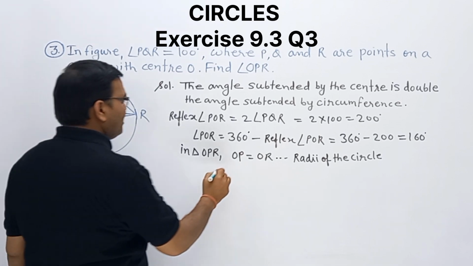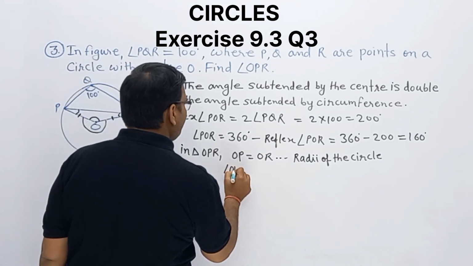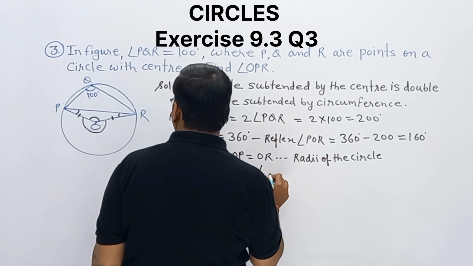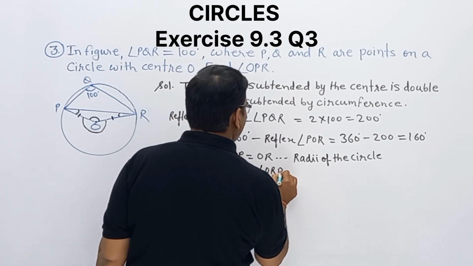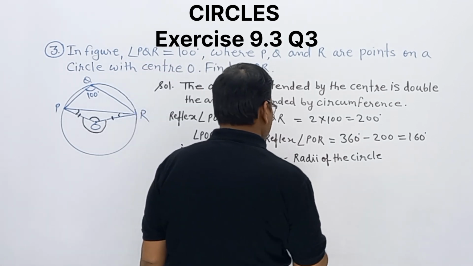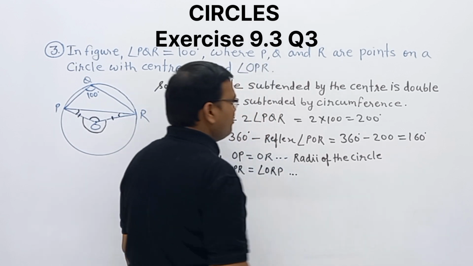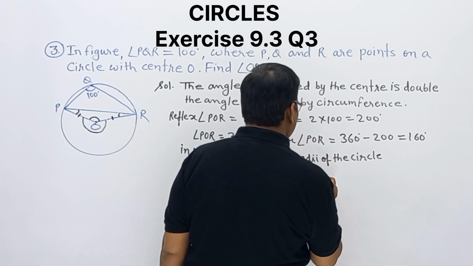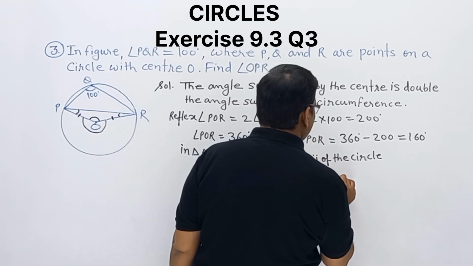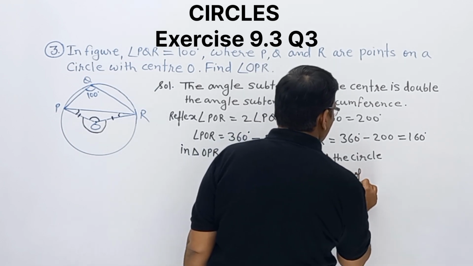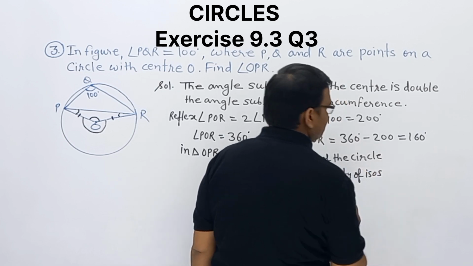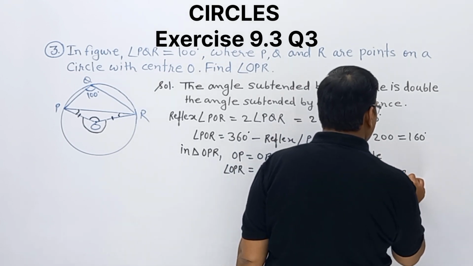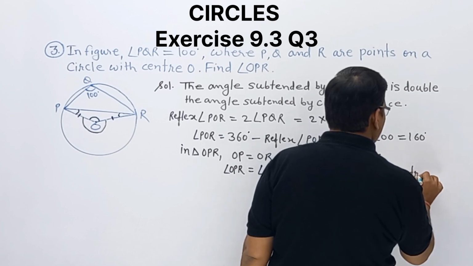So we can say angle OPR equals angle ORP, by the property of isosceles triangle.